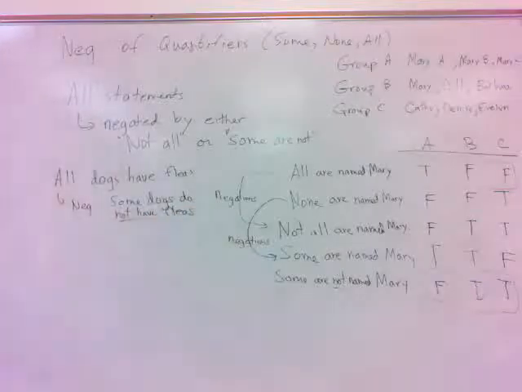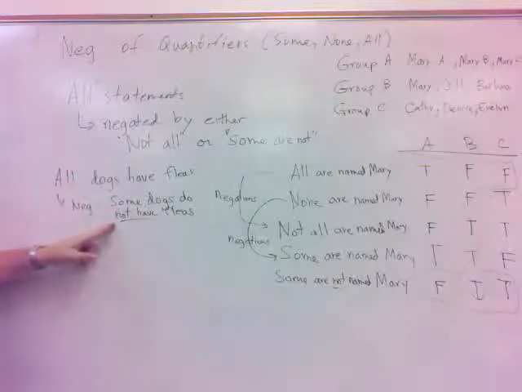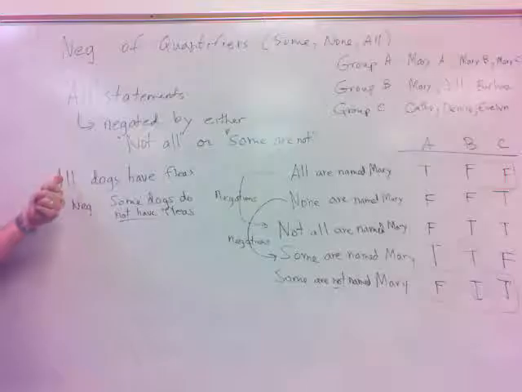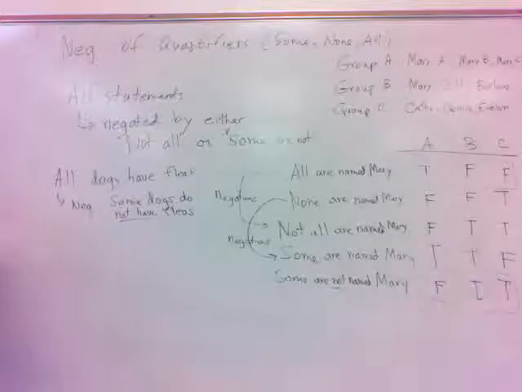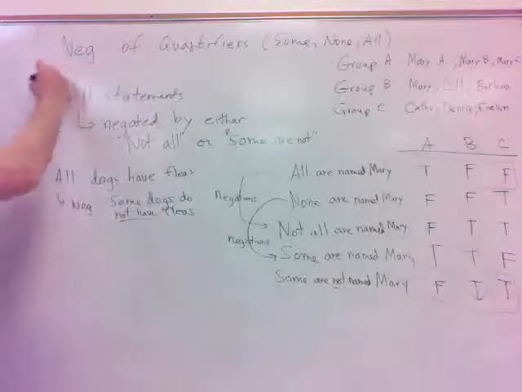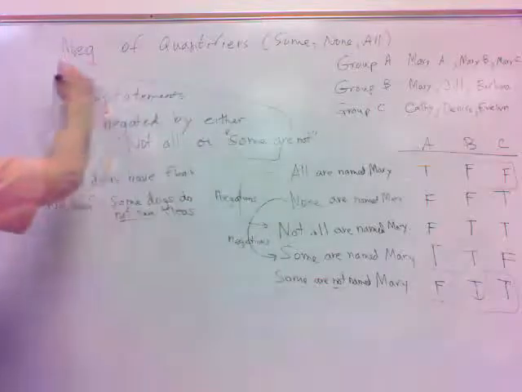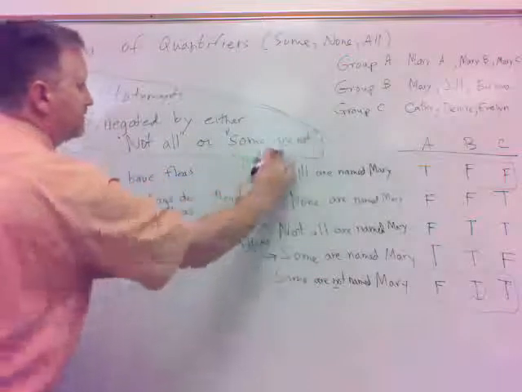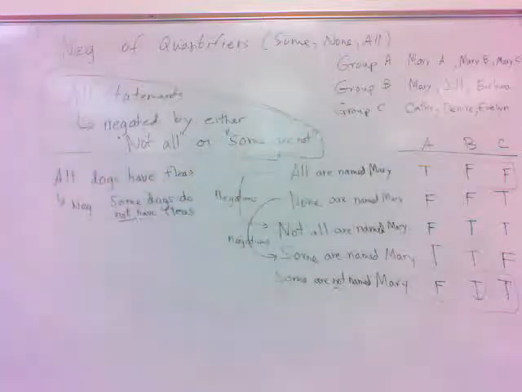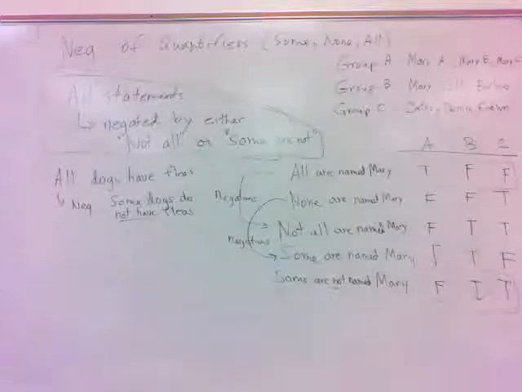That also negates it. That's probably not the way you usually do it, but if that was one of the choices, then that would negate "all dogs." Like I said, that's probably not the way we usually go with it, but okay. So anyway, "all" statements are negated either by "not all," or "some are not," or "some do not," or whatever the verb needs to be.